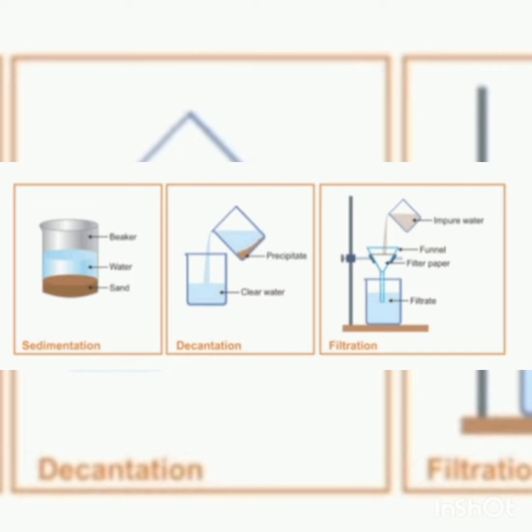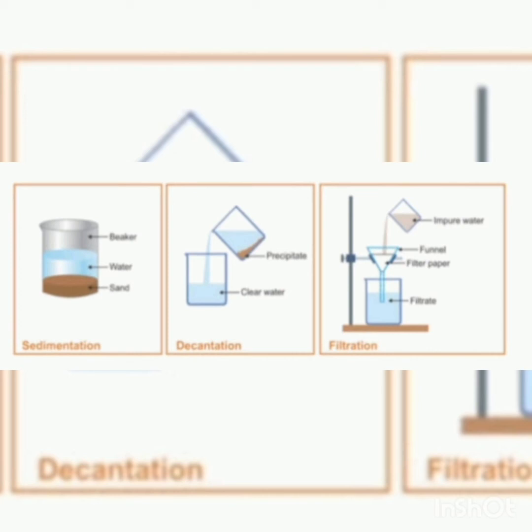Now we have to get the clean water. So what we do, without disturbing the bottom of the beaker, we pour the clean water into another clean beaker. We pour down the clean water we have got at the upper side of the beaker into the next beaker without disturbing the bottom of that beaker, in which the mud particles are present.